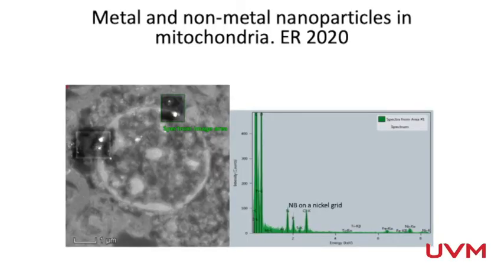Let me show you a couple pictures of electron microscopy where we can see the particles. We can locate them precisely in the organelles of your brain cells, and then we can tell what kind of metals are associated with them. This will be a mitochondria. This paper was published in 2020. And in this particular mitochondria, these two particles have iron and have titanium.